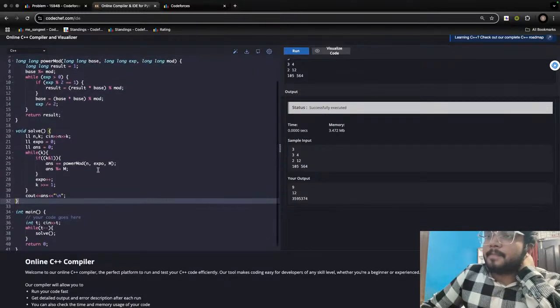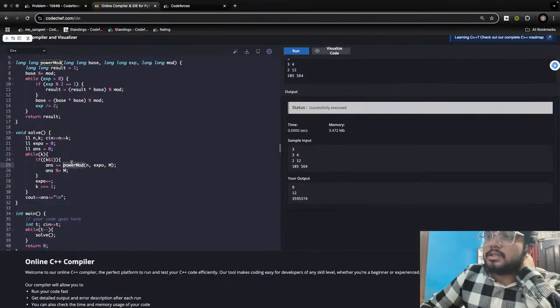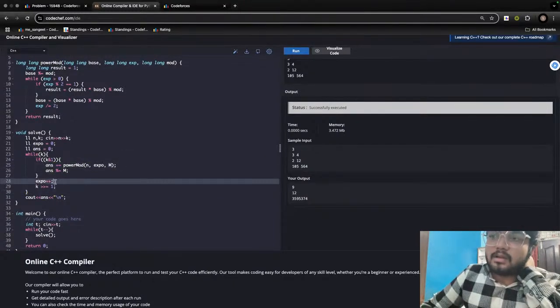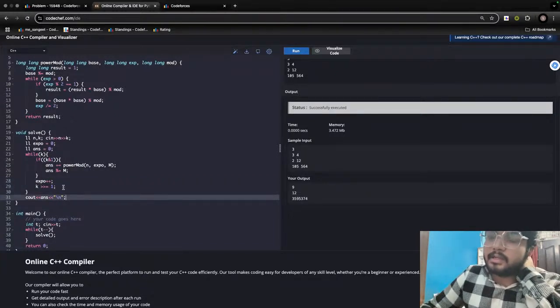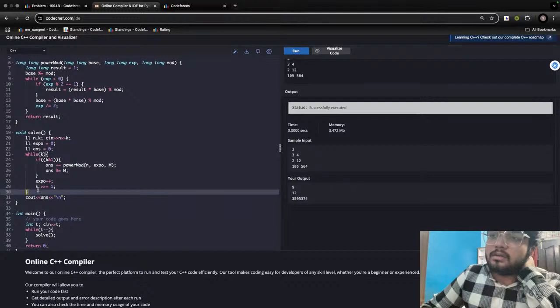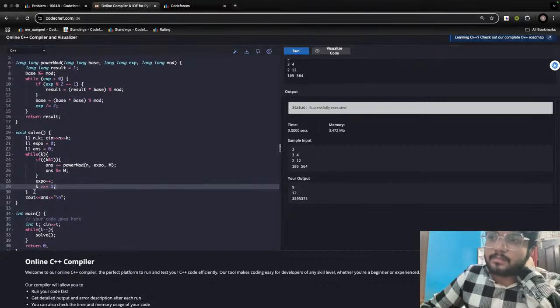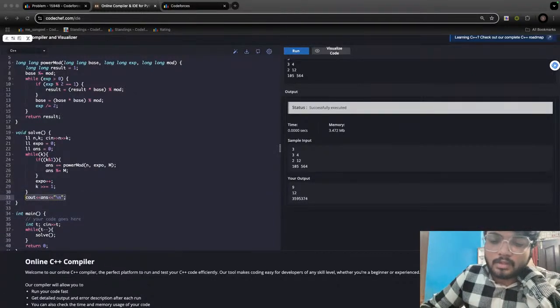So we are adding it to the answer, and after each operation we are adding 1 to the exponent because we are moving ahead in the bit indexes, and we are also removing the rightmost bit using the right shift operation, and finally we are printing the answer. This was a pretty straightforward question.